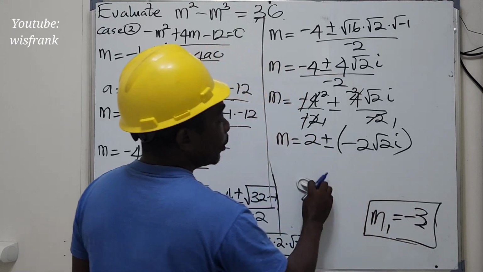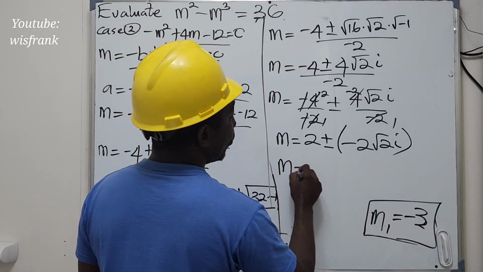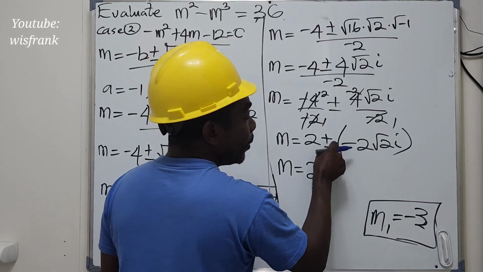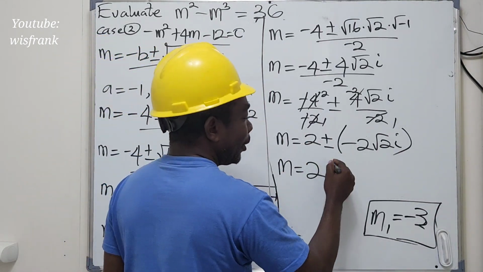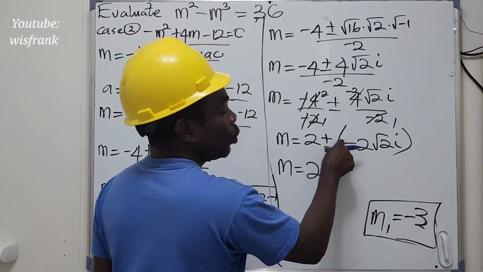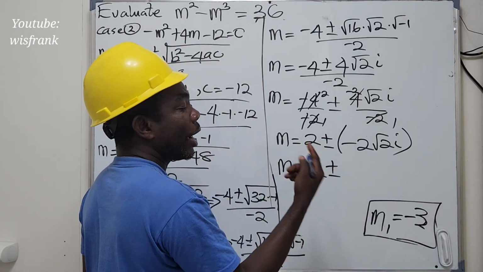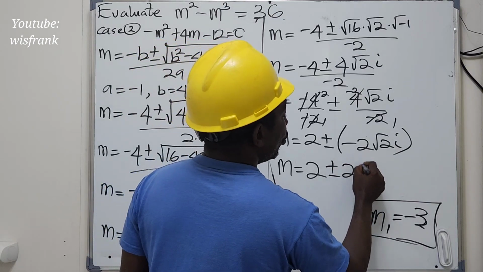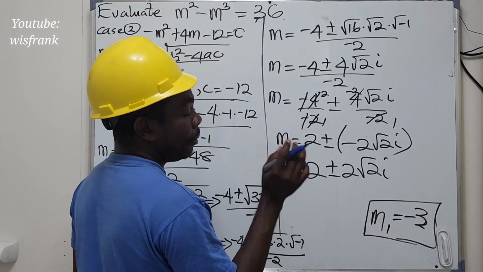In this case, we can open this parenthesis. We have m equals 2 plus or minus times minus. This is the same thing as having plus or minus, because this will multiply by here we have minus, and this will multiply by here we have plus. So we have 2 root 2 i. This is the second value of m that we have.